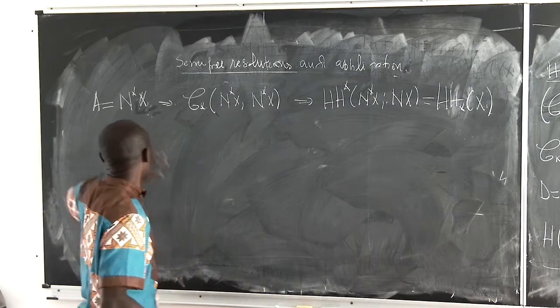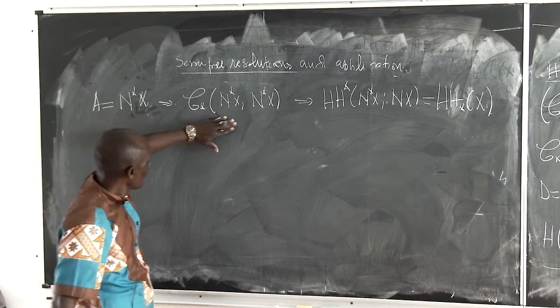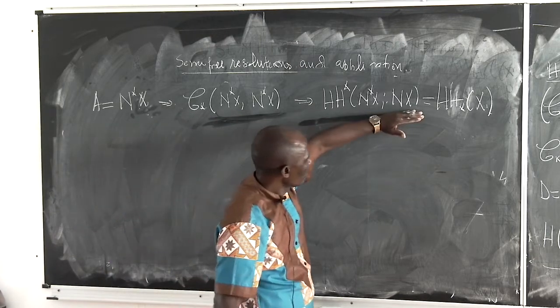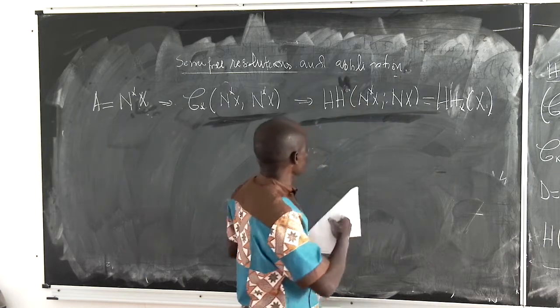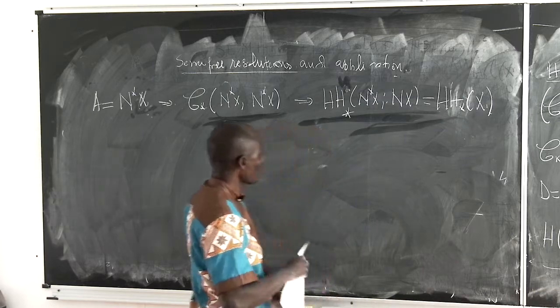So when A is replaced by the normalized angular quotient, the Hochschild complex becomes this, and the associated Hochschild homology is given by this. The star is down, it's not up. Okay.